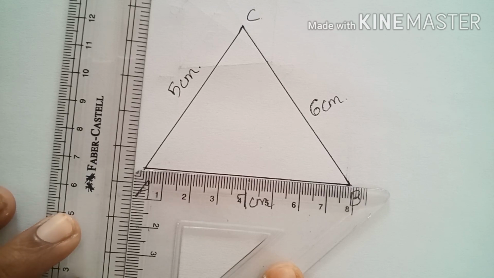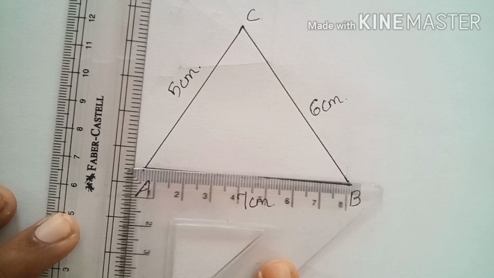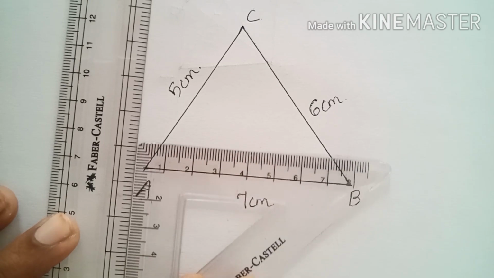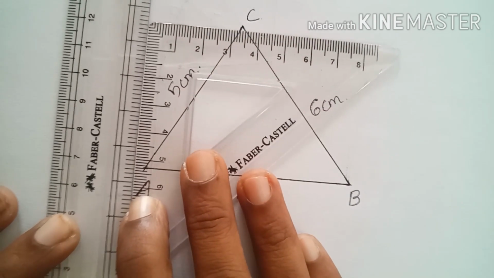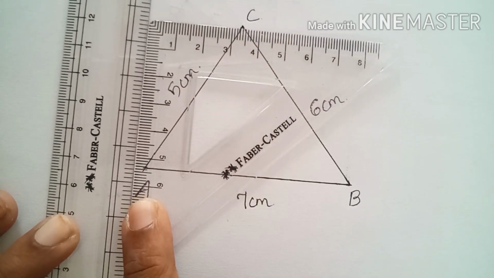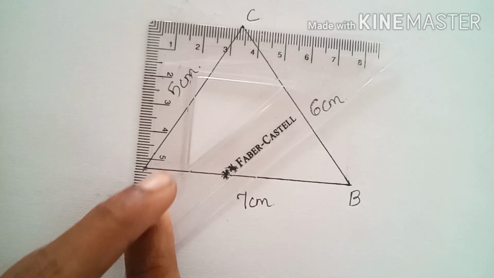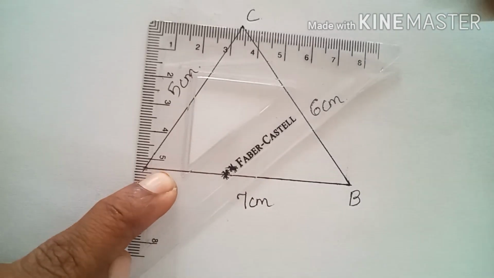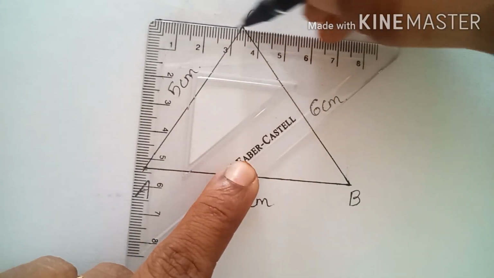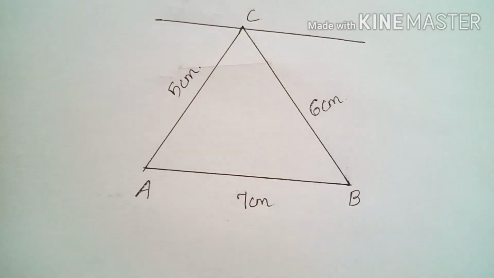Hold the scale tightly. Then move the set square up to the point C. Now remove the scale and draw the line like this. So this is a parallel line parallel to AB and passing through the point C.